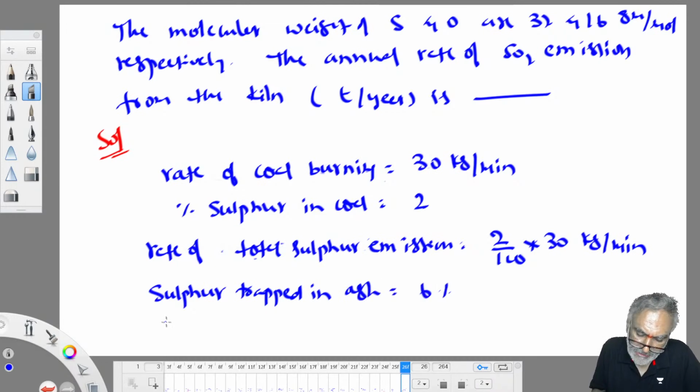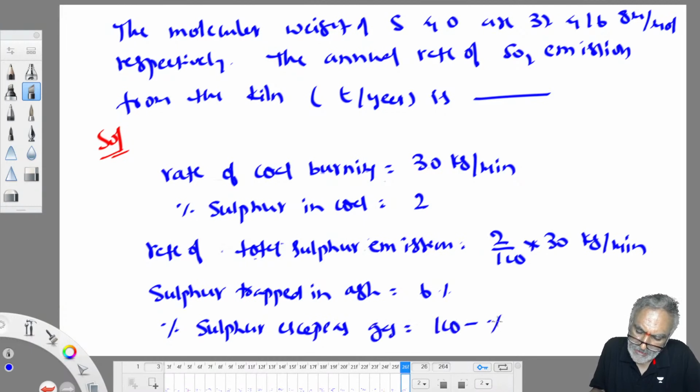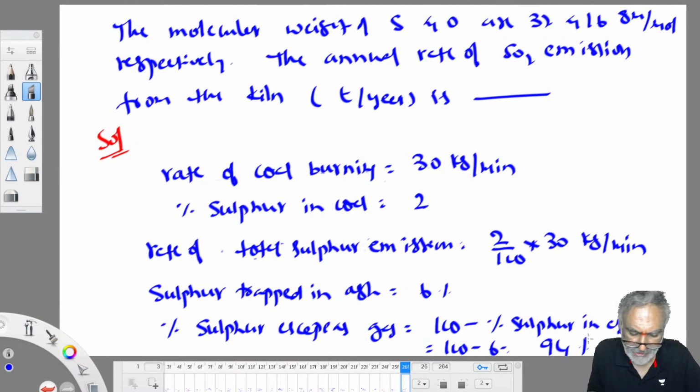Remaining escape as gas. So gaseous sulfur emission is equal to percentage sulfur escape as gas, which is equal to 100 minus percentage sulfur trapped in ash. So 100 minus 6. If this is not given, 100% escape as gas, we assume like that, 94%.